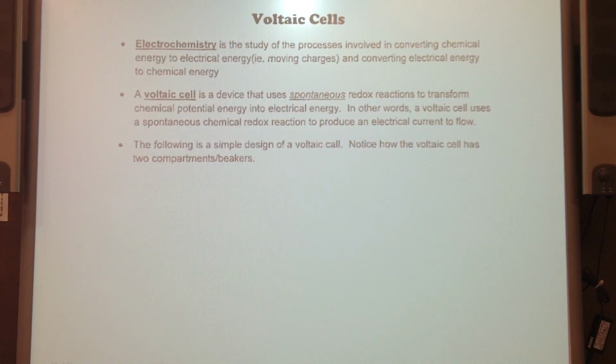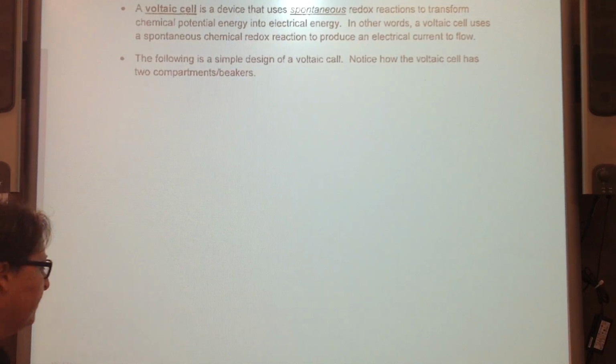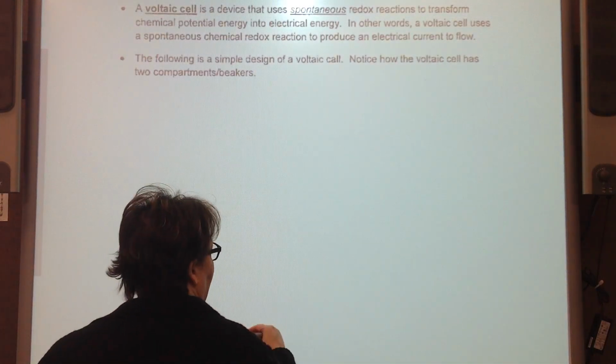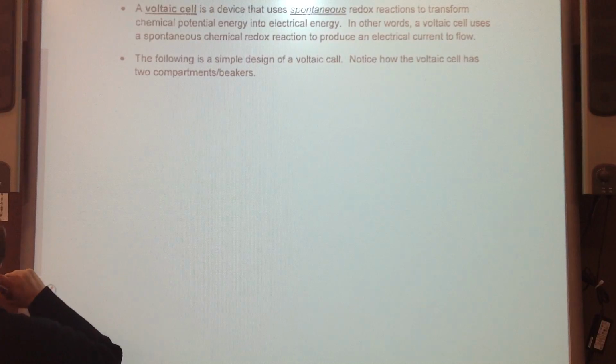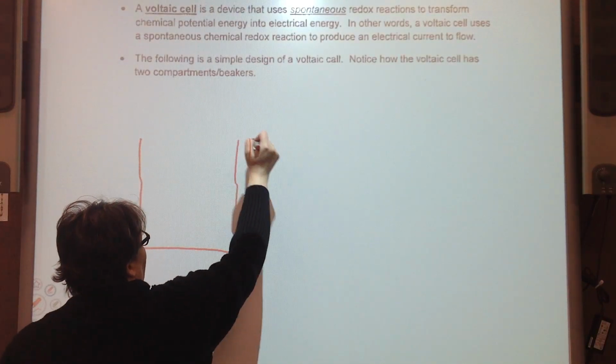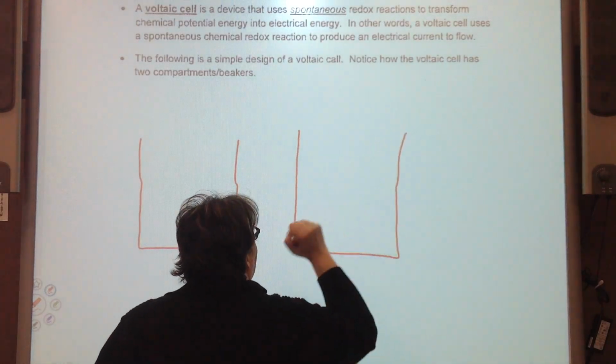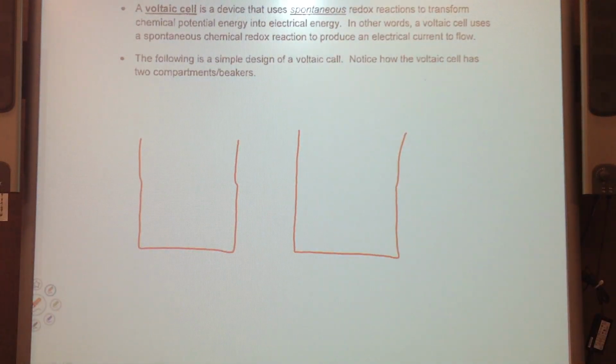So we're going to draw the picture out. And it takes all this space. There's lots of writing, so just giving you a heads up. Okay, so 2 beakers. So a Voltaic cell has 2 compartments or 2 beakers.